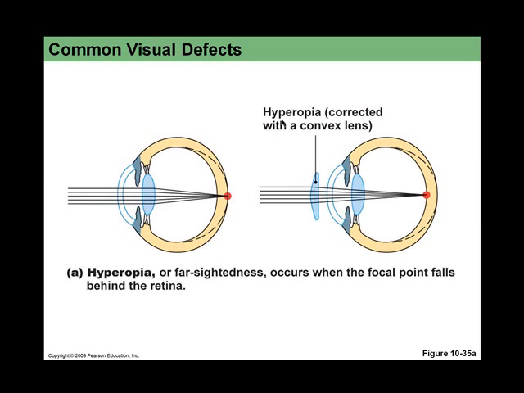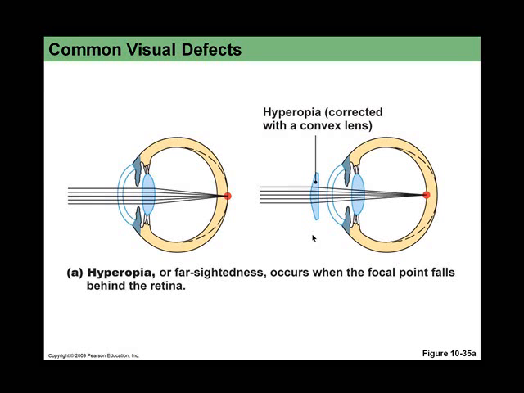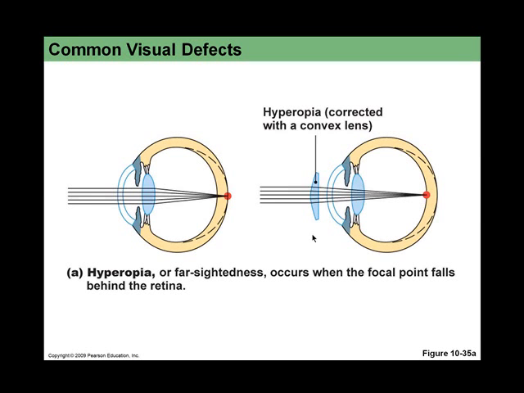That would be hyperopia. And this can be corrected by a convex lens that will add a little bit to the curvature of the front side of the anatomical lens. It begins to bend the light, to converge the light a little bit in front of the eye, so that the natural lens can complete that and put it right on the retina.